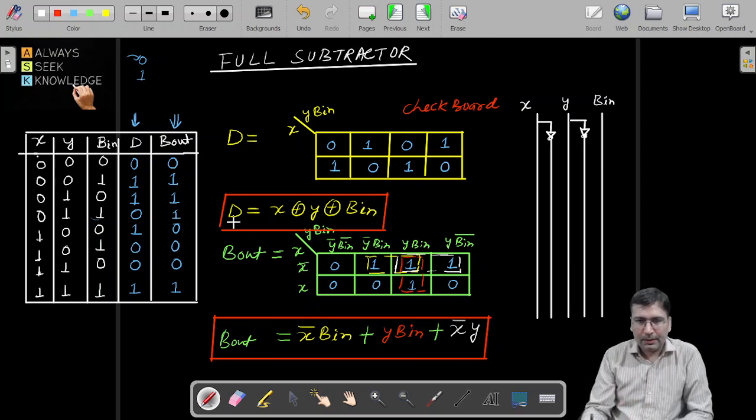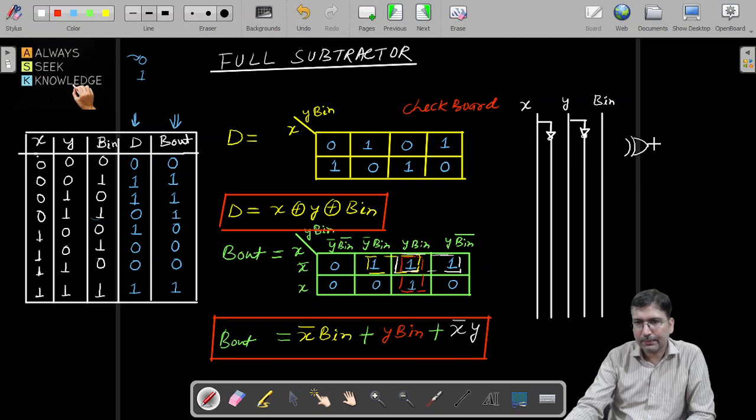Okay, now for D it is XOR, so you can take XOR like this. Now you connect X and Y, so this is X, and this X is moving ahead like this and getting connected here. Then the next thing we need to pass is Y. Y is given here.